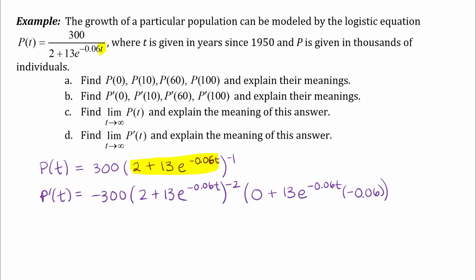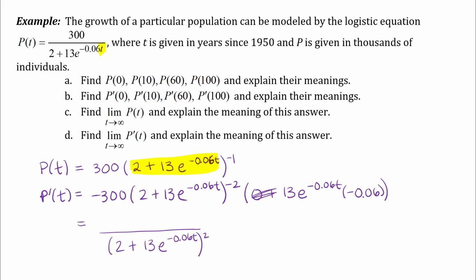Since I'm going to plug some numbers into it, I might want to go ahead and clean that up a little bit. I have a whole expression to the -2 power, so I'm just going to put that on the bottom of my fraction here, and have that squared. I don't really need to write this 0 that's here, so I'm going to get rid of that, and then the rest of this stuff here is going to be on the numerator and times each other.